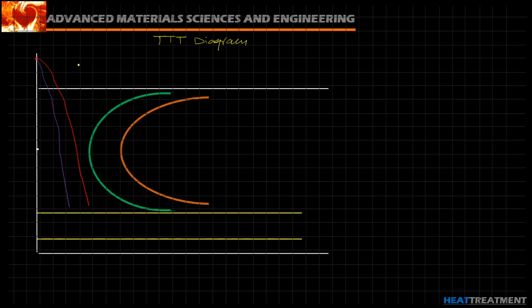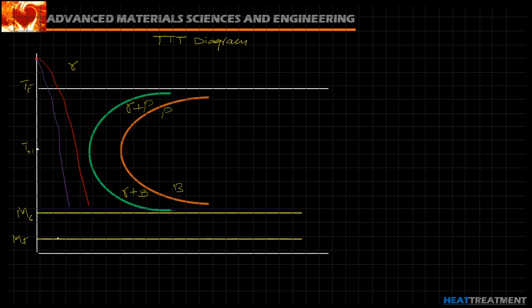Still we have a stable phase of austenite here. This is the eutectoid temperature, this is the nose temperature, and here we have the austenite plus pearlite, and here we have the austenite plus bainite. This is the start of the martensite temperature and this is the finish of the martensite temperature.